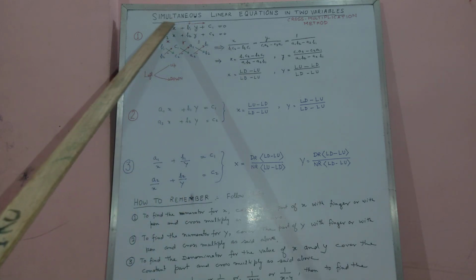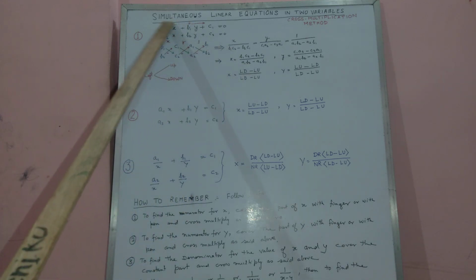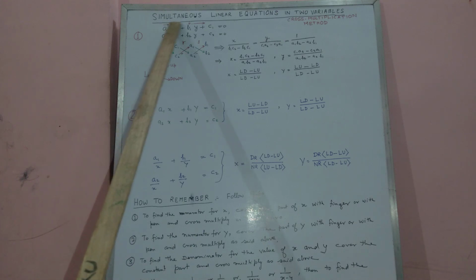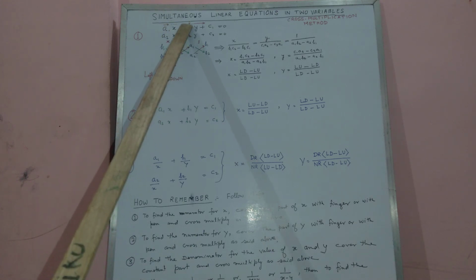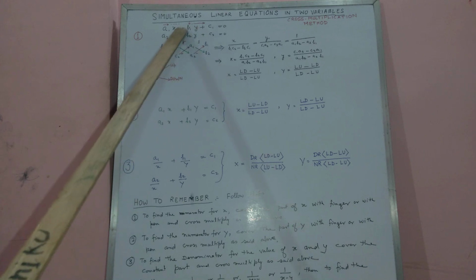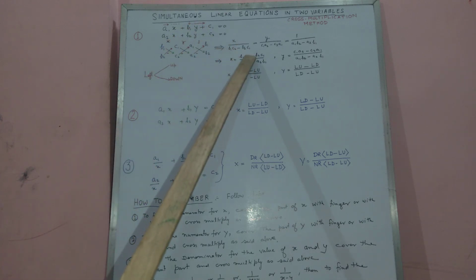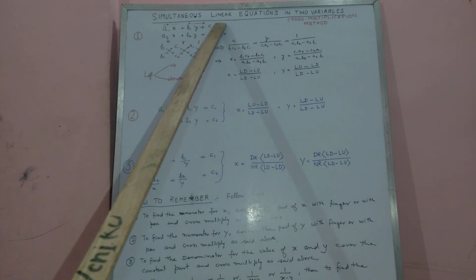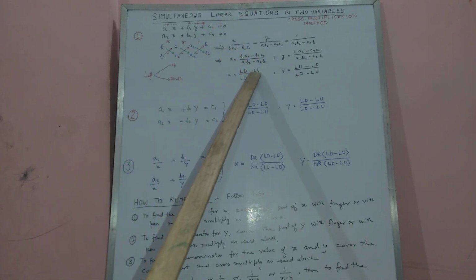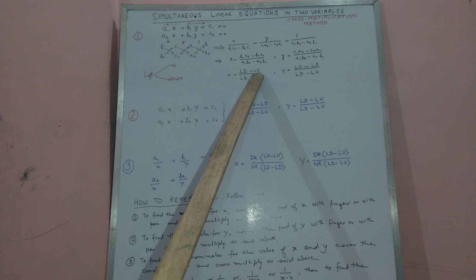So if you want to find the value of x, you cover the x part and cross multiply: LD, left to down, minus LU, left to up. Here you see LD minus LU.